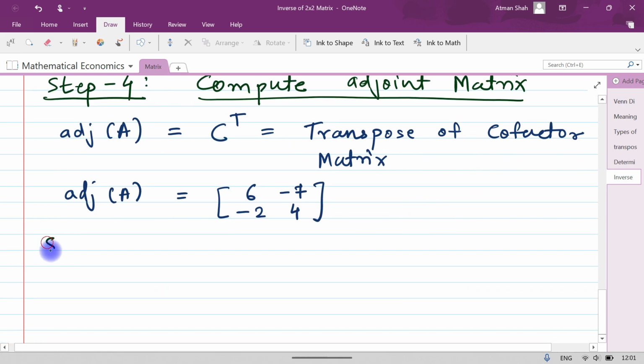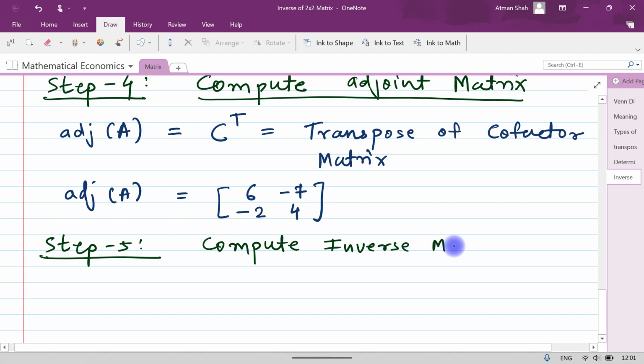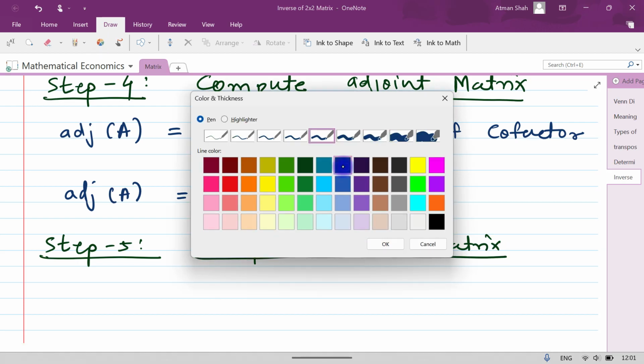And now we are going to find the inverse matrix, that is step 5, compute the inverse matrix. So what is the formula of the inverse matrix?